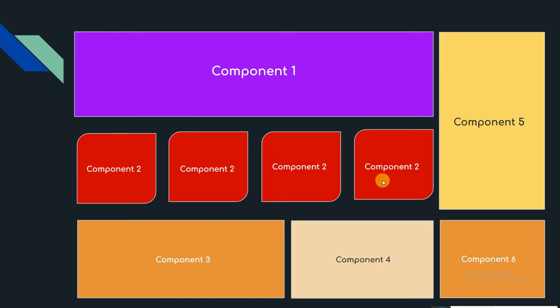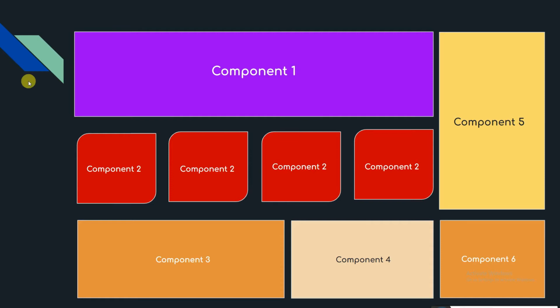These are the independent components, component 1, 2, 3, 4, 5 and 6, and we reuse component 2 here, here and here. We repeated it 4 times. So this was all about components in React.